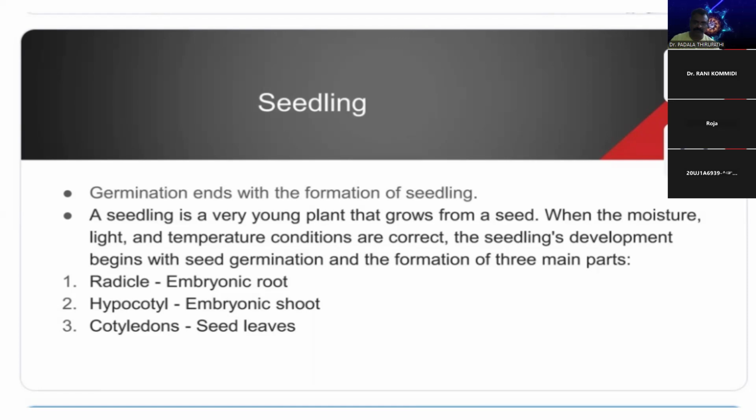The cotyledons give rise to the seed leaves. The hypocotyl gives rise to the embryonic shoot, the aerial portion of the plant. The radicle is the underground embryonic root portion. These are the three main parts coming from the seed.